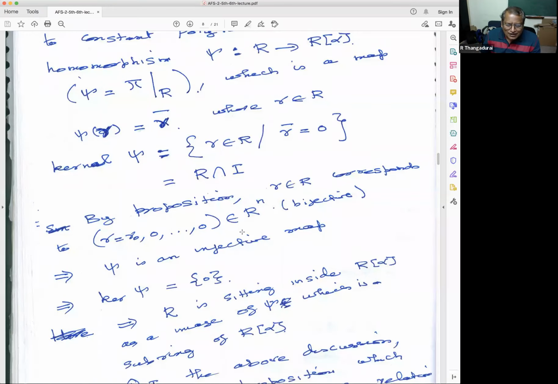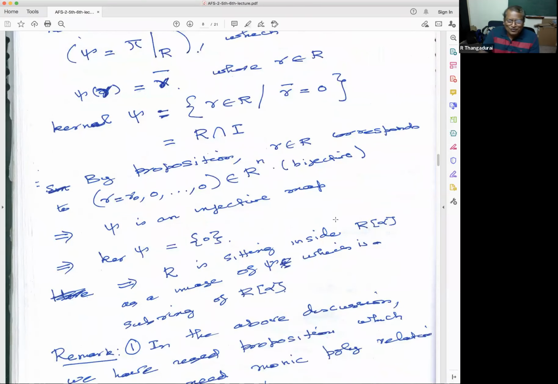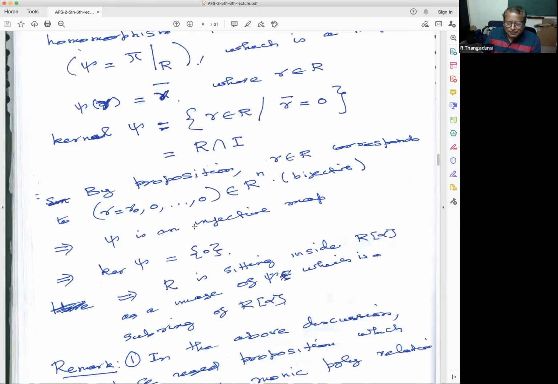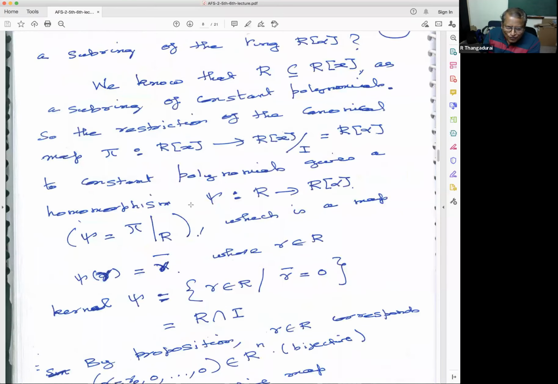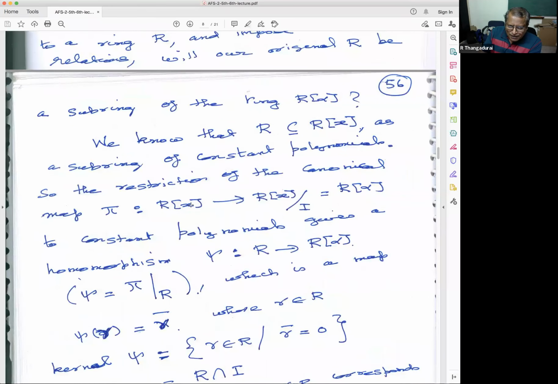Somehow I had written a different argument, but this is one argument. So psi is an injective map. We are just looking at the canonical map from R[x] to the quotient ring, which is nothing but R[alpha].